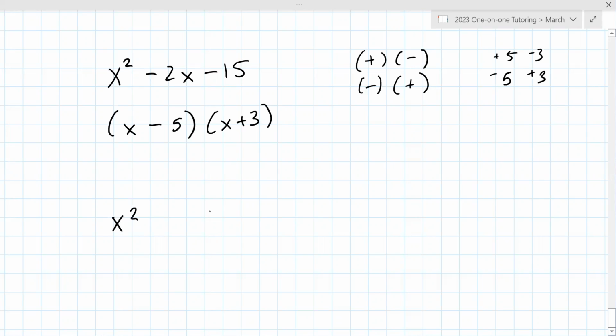Let's say it's x squared minus x minus 20, minus 1x minus 20. See what you come up with on that one, please.